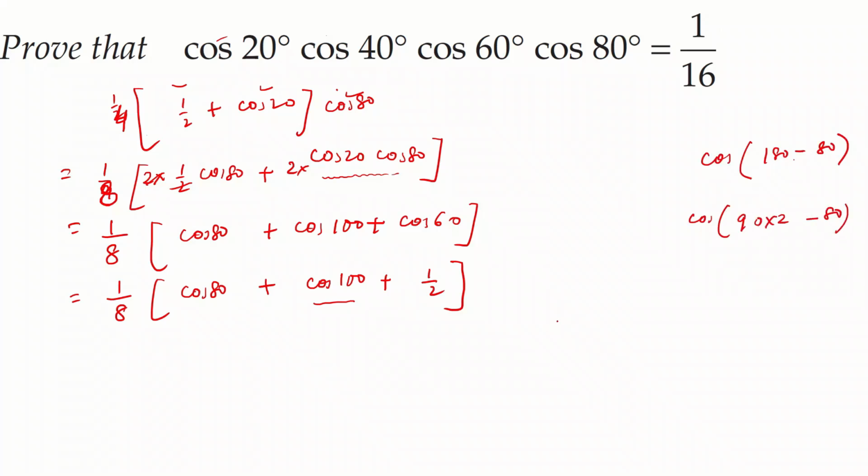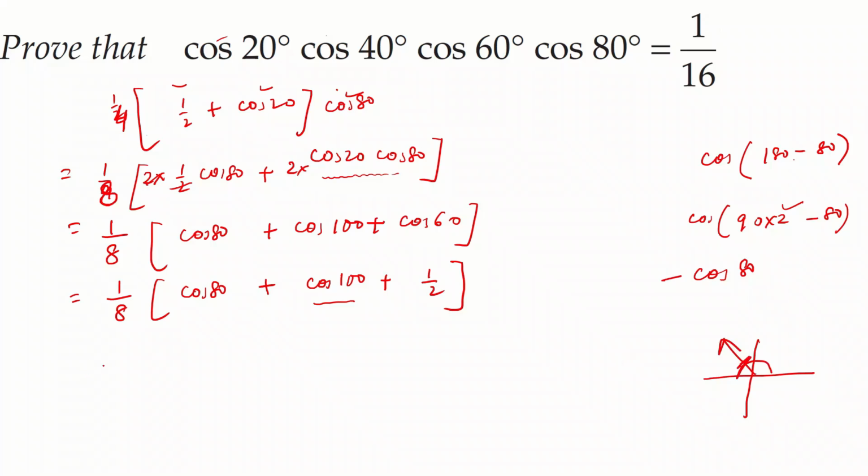Remember the very first part of the trigonometry that we covered? So 90 times 2, this 2 is something even, so cos remains cos, and this is just cos 80, and now we have to determine its quadrant. So 90 times 1, 90 times 2, and again back minus, so in the second quadrant. In the second quadrant, cos is negative, so it becomes minus cos 80. If you haven't watched the video, please do watch the first video on trigonometry series.